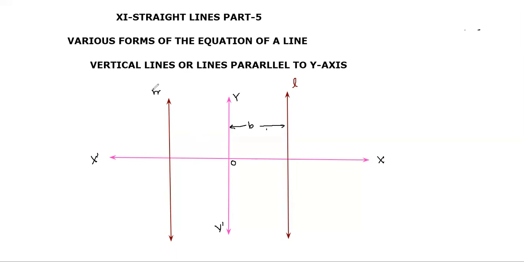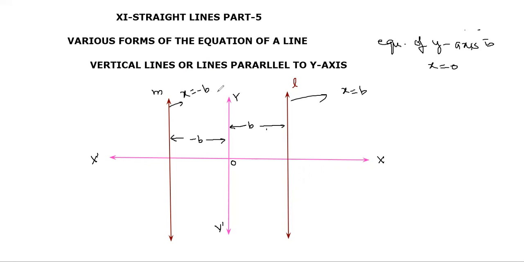Or if we want to write the equation of a line which is at a distance of minus B, that means on the left side. As I told you, the equation of the y-axis is x is equal to 0. Therefore, the equation of this line will be x is equal to b, and the equation of this line will be x is equal to minus b.